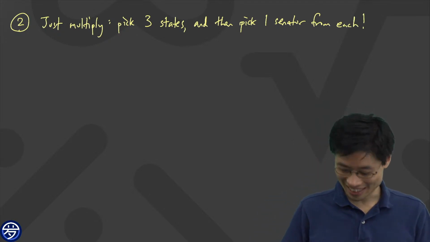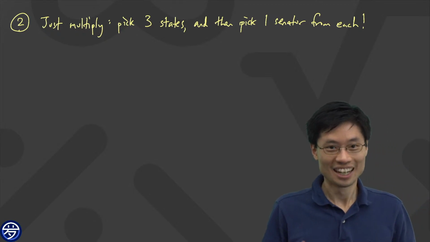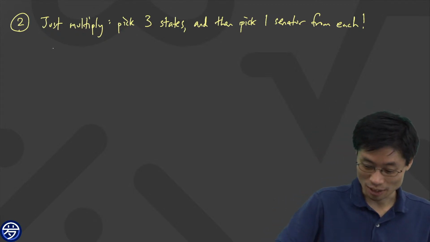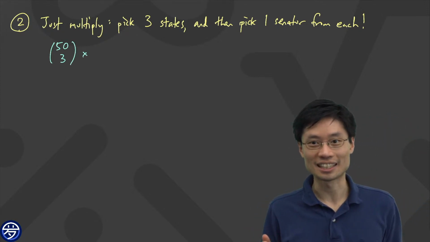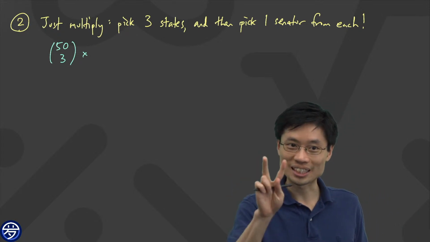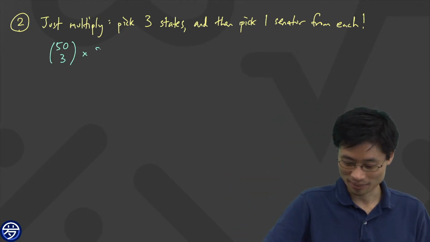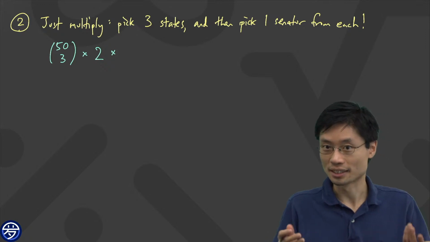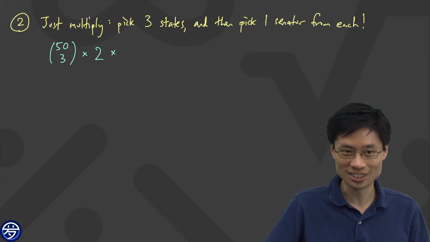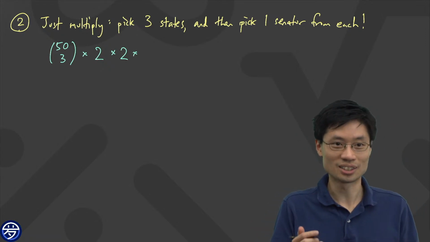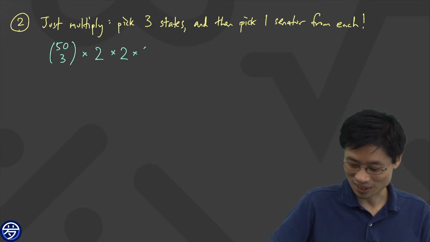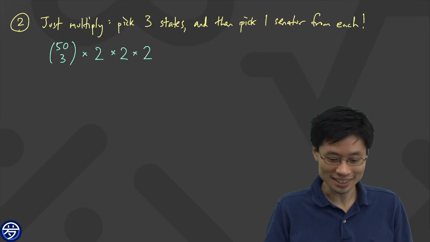All I have to do here is say there are 50 states, choose 3, and now for each of those 3 states, I say, do you want Senator 1 or Senator 2? 2 choices. And then the next state is Senator 1 or Senator 2? 2 choices. And the next state is Senator 1 or Senator 2. 2 choices, okay? And if I do this, this is much easier.